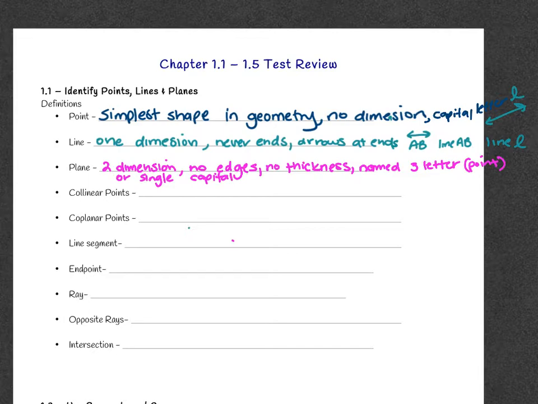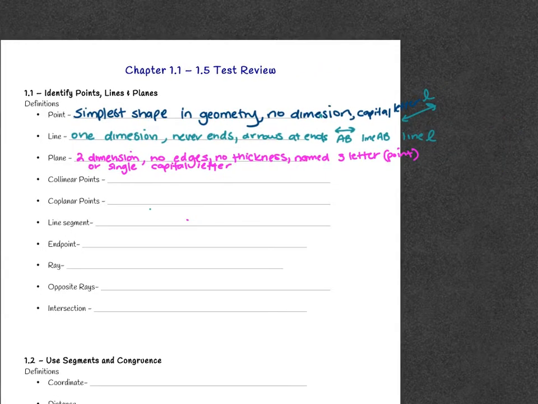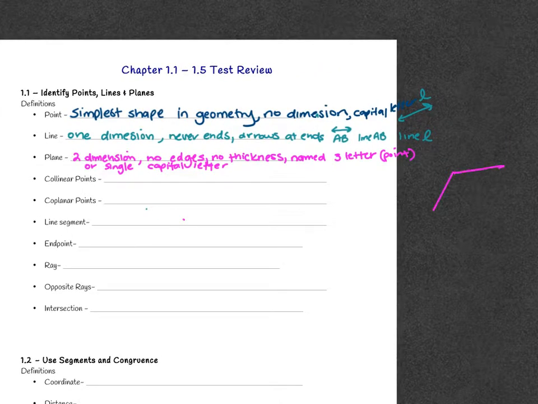Named by 3 letters. It's represented by something like that, but remember, it doesn't end. So I can either say that this is A, B, C, or I could call this plane M. Capital letter.